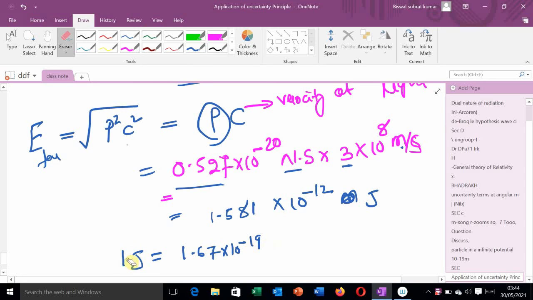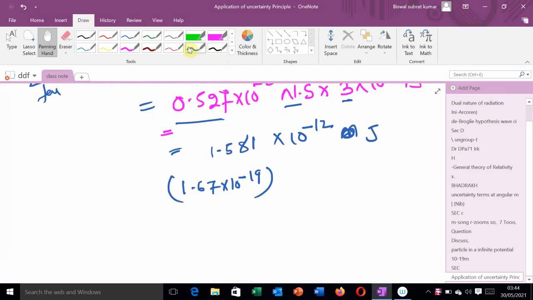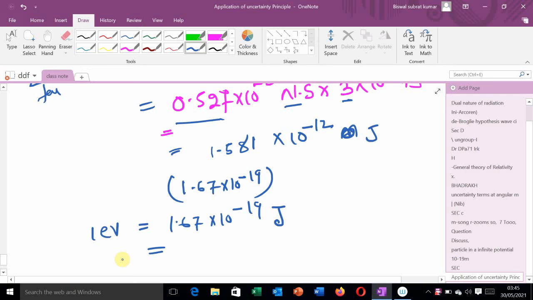Then the joule will be converted to electron volt. That means 1 electron volt is 1.67 into 10 to the power minus 19 joule, and 1 joule is 1 over 1.67 into 10 to the power minus 19 electron volt.